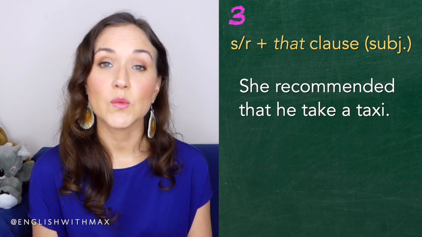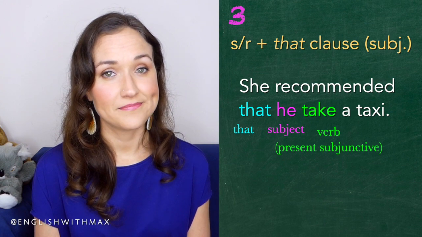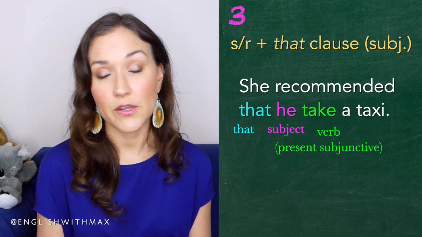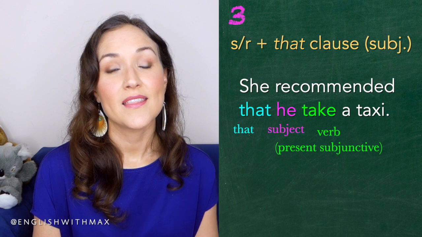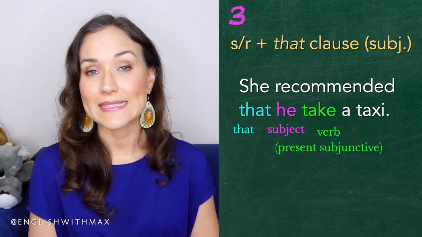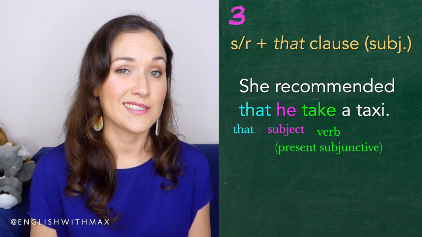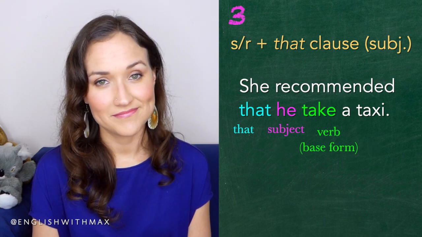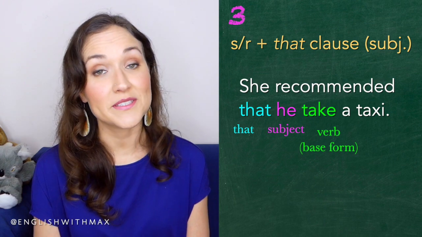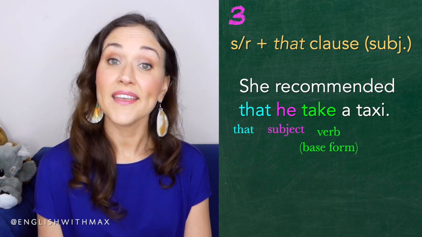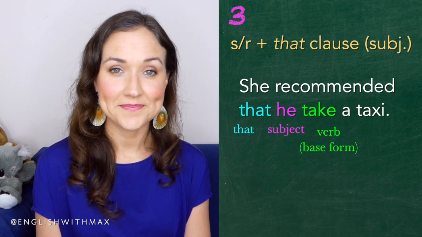After recommend, we have that, then the subject, here it's he, then a verb in the present subjunctive. The present subjunctive is actually just the base form of the verb. In other words, it's the infinitive without to. Here that verb is take.